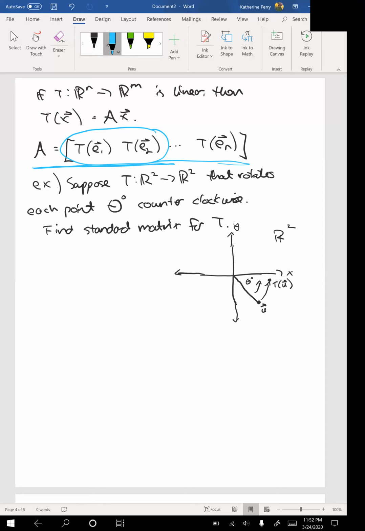Okay, so let me do that. Let me use blue to represent the point E1.